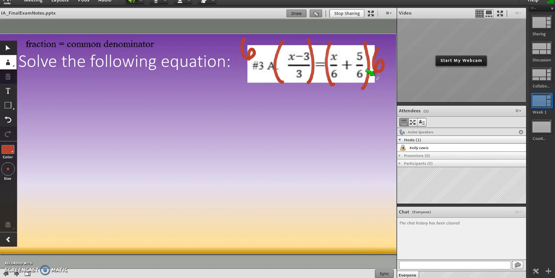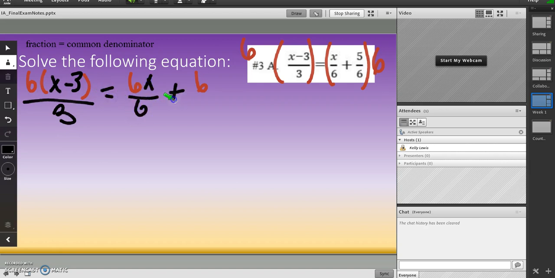And so I'm going to do 6 times each side. So x minus 3 over 3 equals 6x over 6 plus 5 times 6 over 6. So I just distributed the 6 to everybody, and I just multiplied the tops, the numerators.